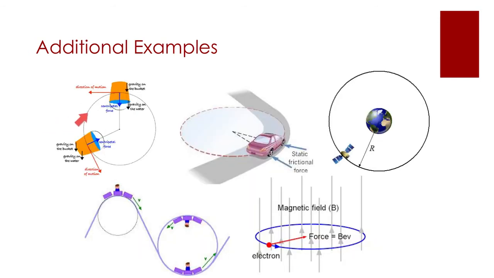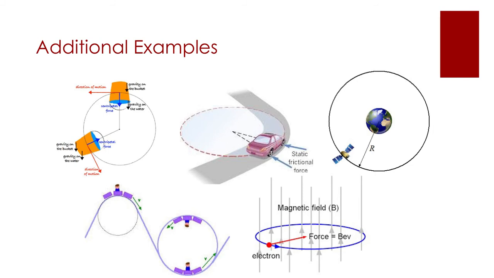You may have done this or seen this before. Using a bucket of water, if you spin it fast enough, the water will not pour out of the bucket as it rotates. In the top and the center here, we've got a car and it's going around a circle. Again, it might not look like there's a force towards the center, but it must be there if we're going in a horizontal circle.